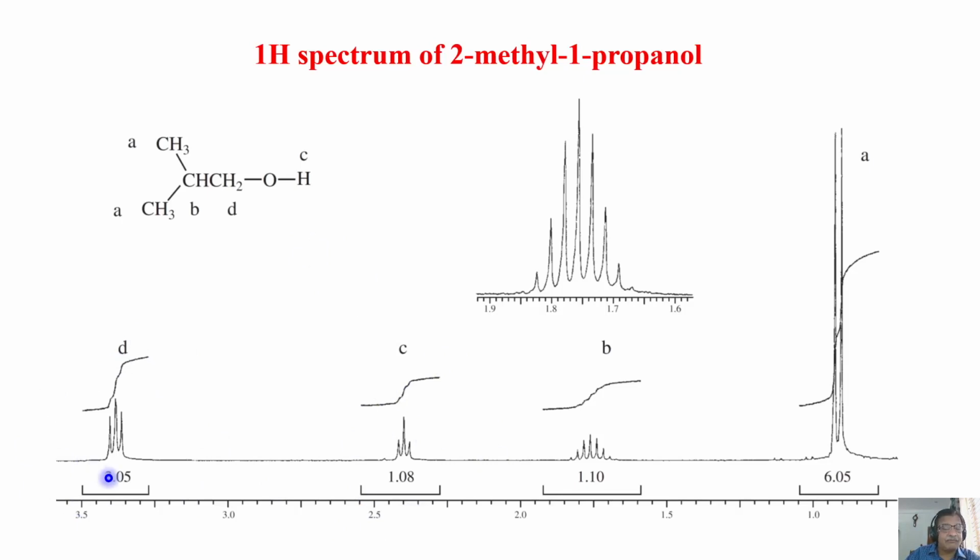Triplet like, not exactly a triplet. Please remember, the triplet intensity pattern is 1:2:1. But do they look like that? If you carefully see, it is not a triplet. It looks like a doublet of doublets with some extra splitting in the central peak.